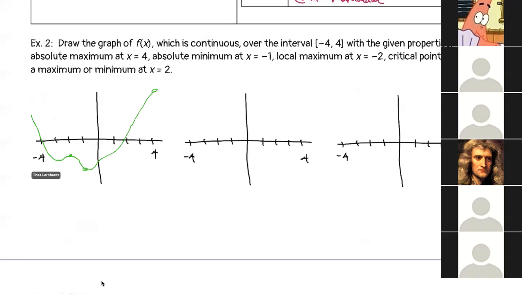Got a few dots over there. It's been connected. Any thoughts on a second variation? Maybe another individual who's got a variation that they could draw on the second graph right here.